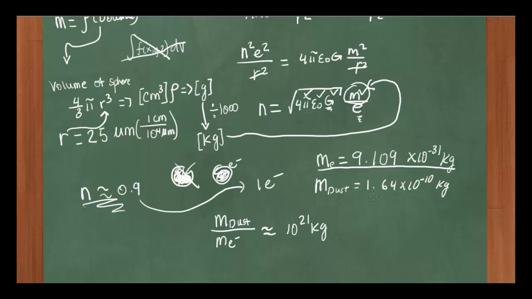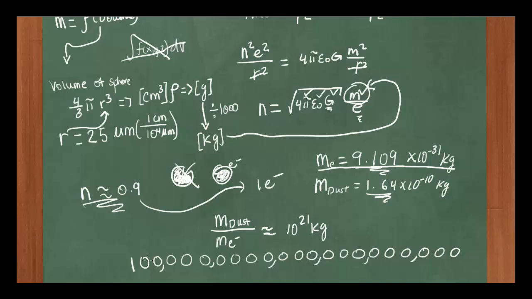I ignore these extra factors out in front because I'm only interested in the order of magnitude of how big the dust particle is compared to the electron, and it's 10 to the 21. So how big is that? Let me just write out what 10 to the 21 looks like. It's just 1 followed by 21 zeros.